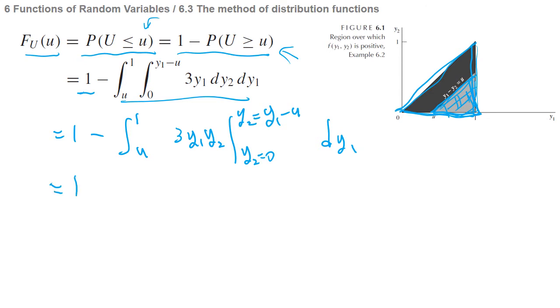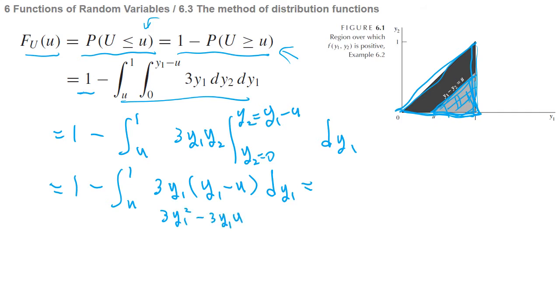And this is actually the integration from u to 1 of 3y1 times (y1 minus u) dy1, and this is 1 minus the integral of 3y1 squared minus 3y1 u, which is y1 cubed minus 3 over 2 u y1 squared, and the integration is from u to 1.